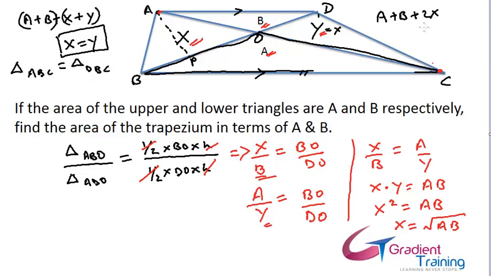So now we have our answer, that is A plus B plus 2X is A plus B plus 2 root AB. Or in order to put it in a more elegant way, root A plus root B whole square. So if we know the area of this triangle, and if we know the area of this triangle, the area of the entire trapezium would be root A plus root B whole square.